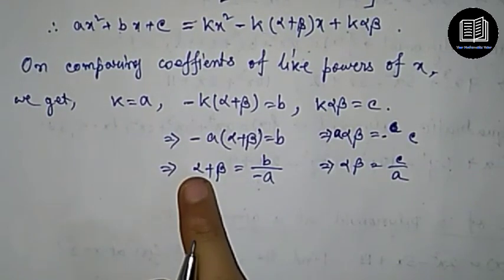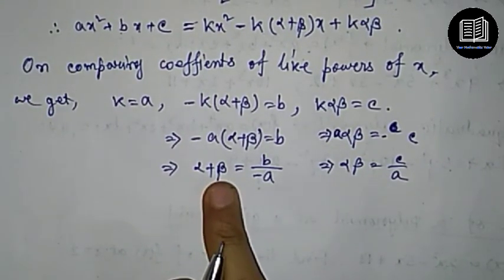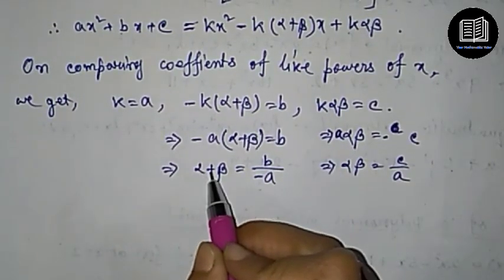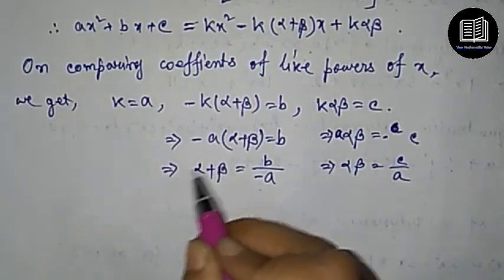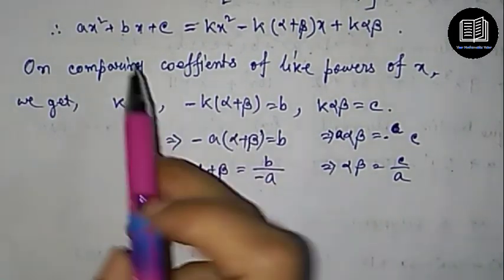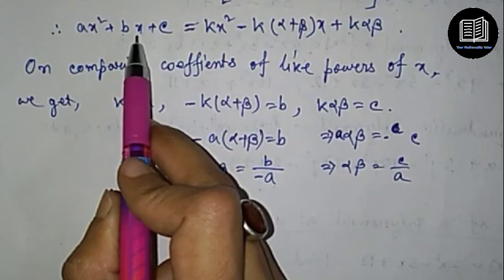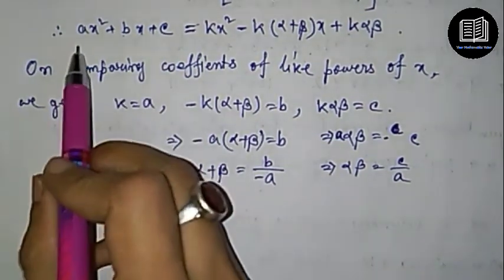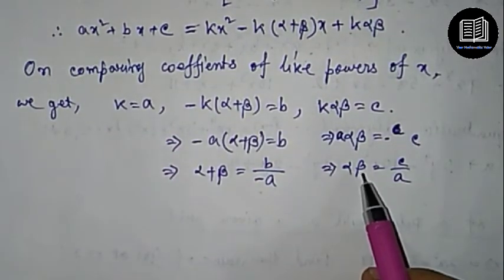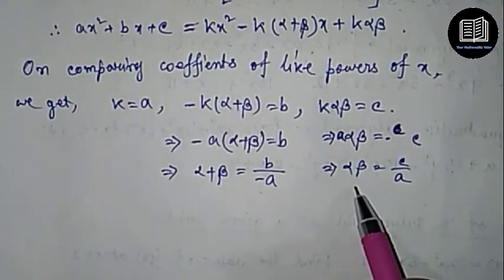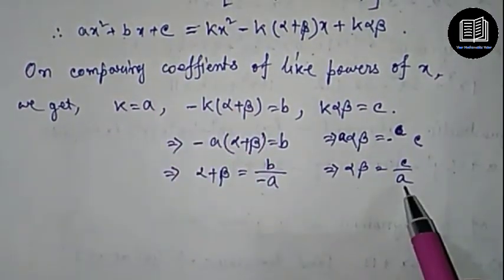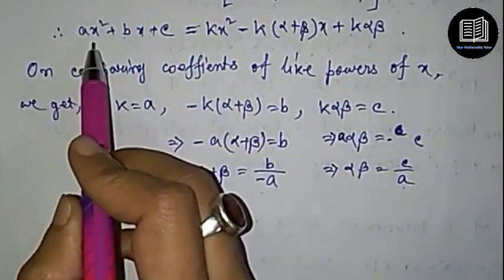So see here, alpha and beta are the zeros of the polynomial f(x). So alpha plus beta, the sum of the zeros, is minus b by a. What is b? b is the coefficient of x, right? And what is a? a is the coefficient of x square, correct? Here alpha into beta, that means the product of the zeros, equals c by a. What is c? c is the constant term, and a is the coefficient of x square.